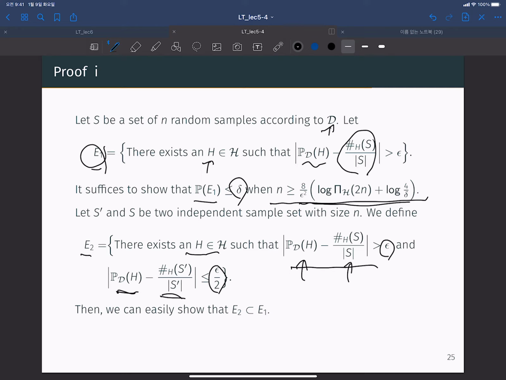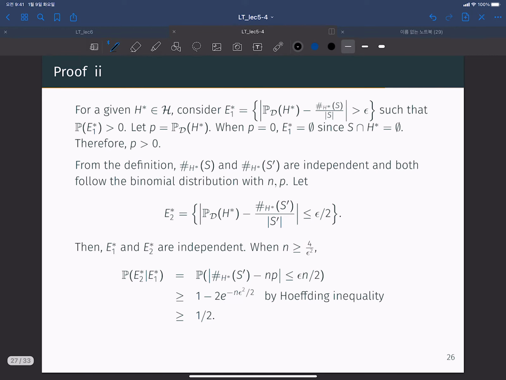Okay, so for the first trial, that was bad, but for the second trial, the second collection of data, we have good generalization. Since we add one more condition to define E2, we can easily check that E2 is a subset of E1. So when E2 holds, naturally E1 is also true.